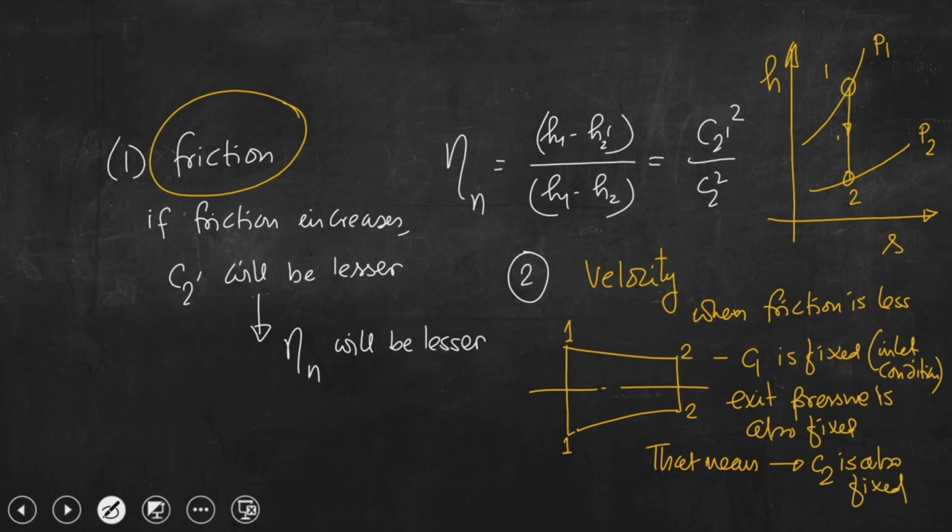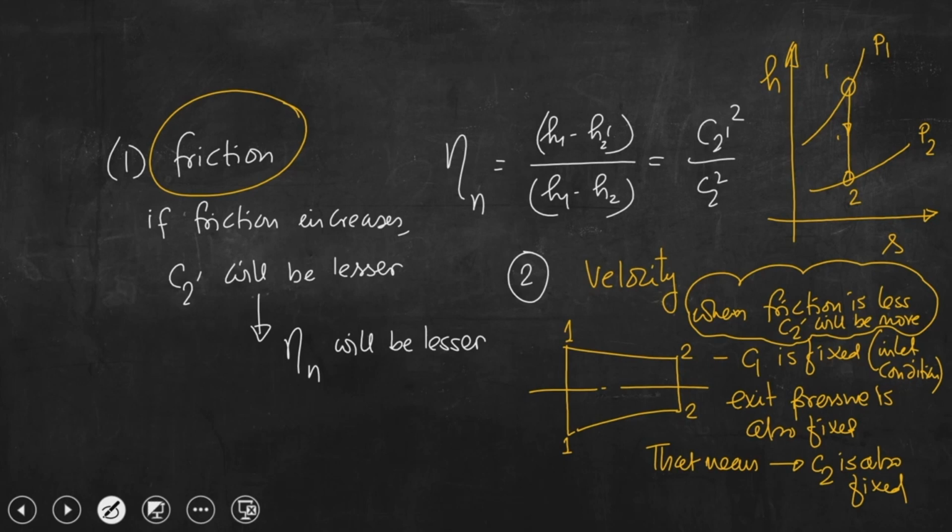then friction less means frictional resistance is less. So, velocity at the exit of the flow nozzle will be high. So, when friction is less, C2 prime will be more. Even in the actual scenario, if frictional resistance reduces, actual velocity will be more.